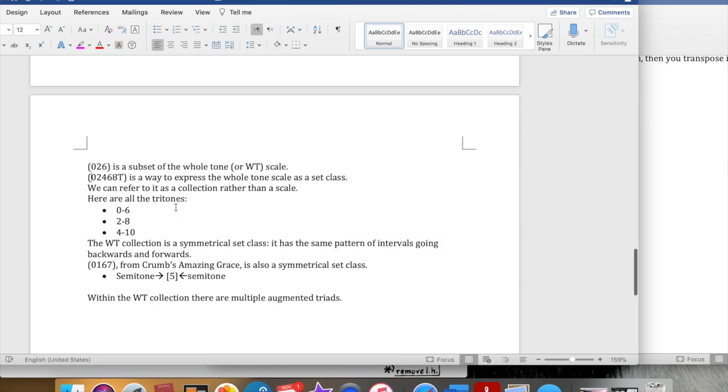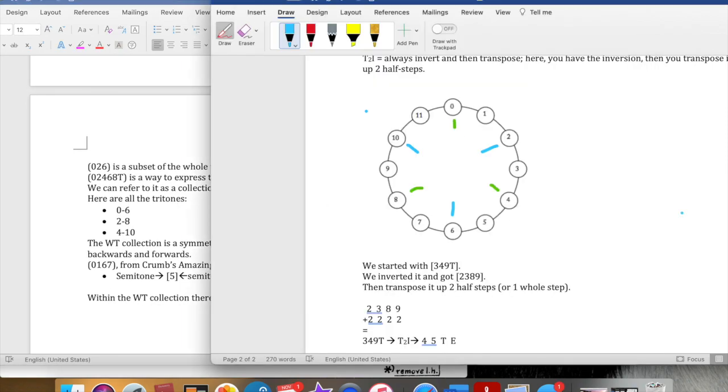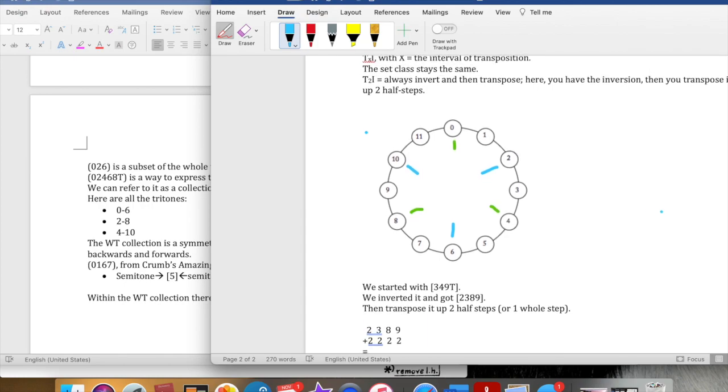So symmetrical sets have different qualities. One is that they sometimes repeat themselves, like we talked about with 0, 1, 6, 7 under transposition, and sometimes also under transposition and inversion. Let's look at 0, 4, 8, for example, if we were to transpose it, or if we were to invert it.